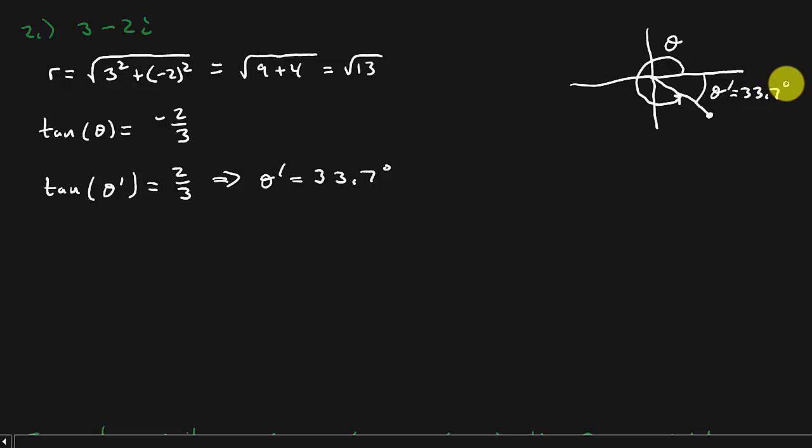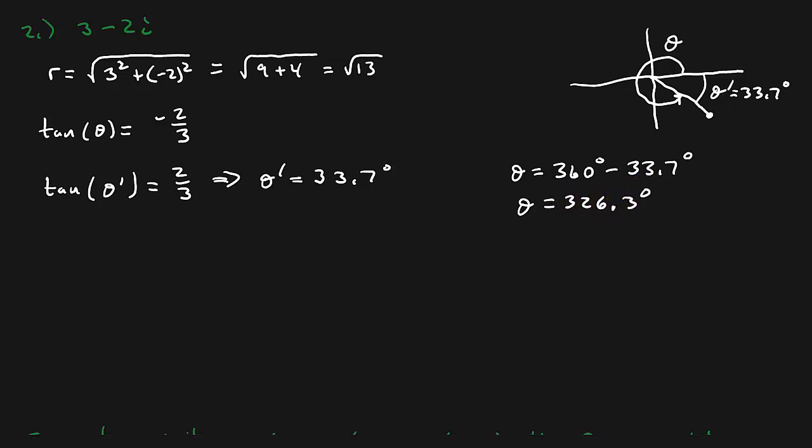33.7 degrees. And so theta is equal to, well, what's that? That's 360 minus 33.7 degrees. And so that is going to give me theta is equal to 326.3 degrees. So there's R and there's theta.